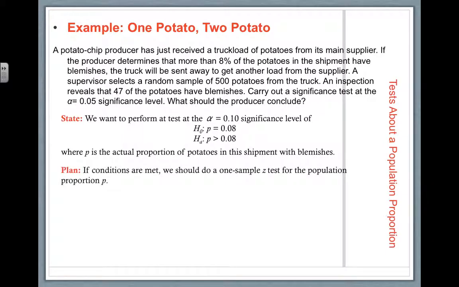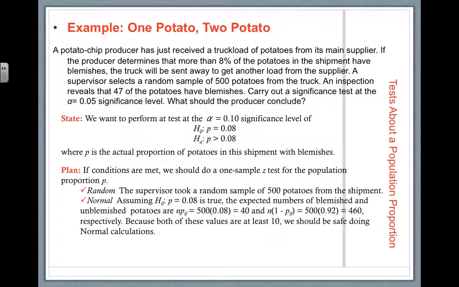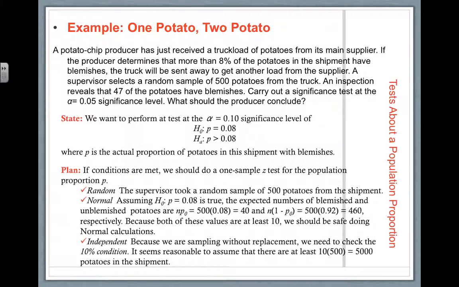The next thing we're going to do is see if our conditions are met in order for us to assume a normal distribution. It's random; they said they took a random sample of 500. And we can assume it's normal. Your expected successes were 40, which is definitely over 10.